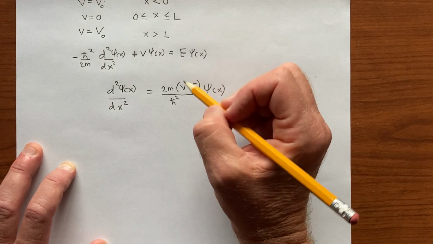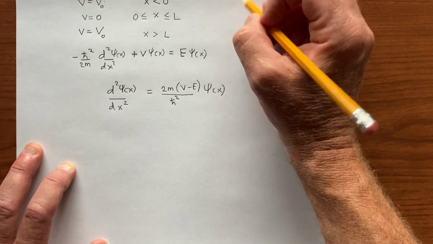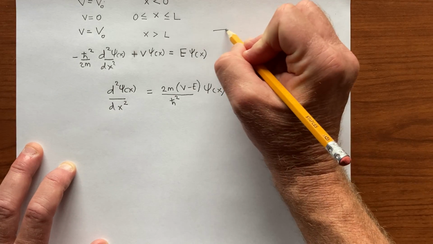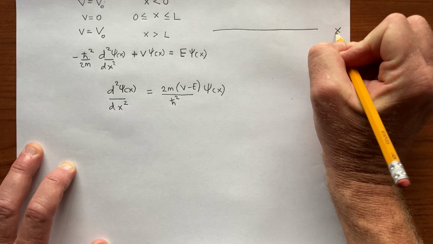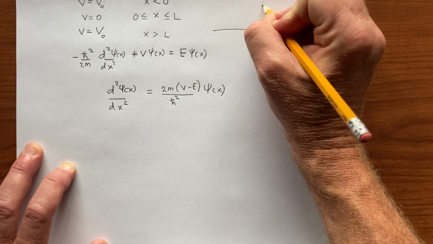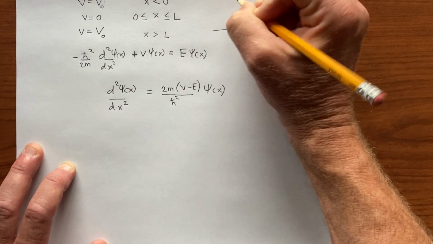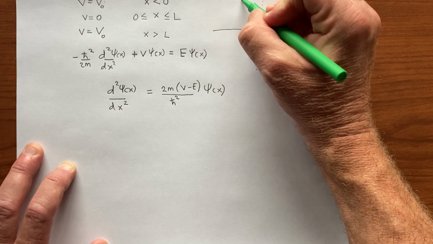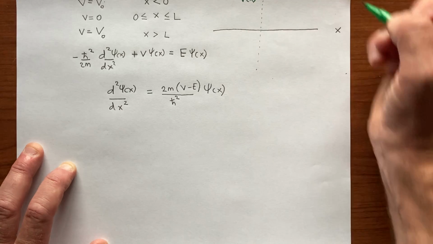And so let's draw the potential. So this is x, and we want to draw the potential in green, V of x.